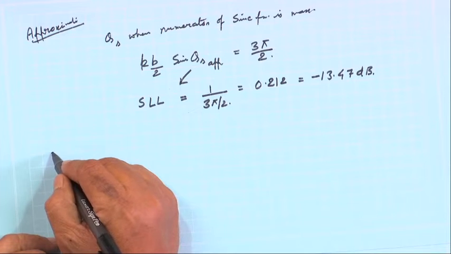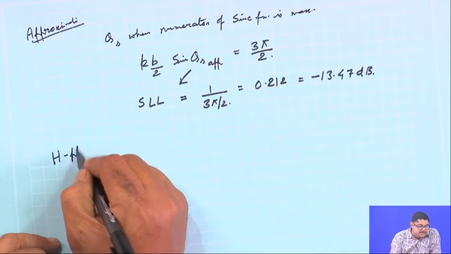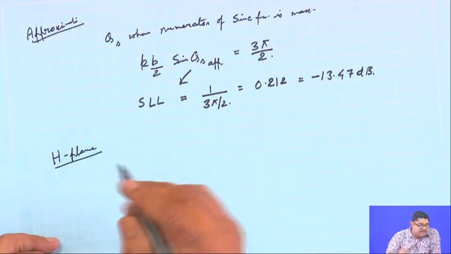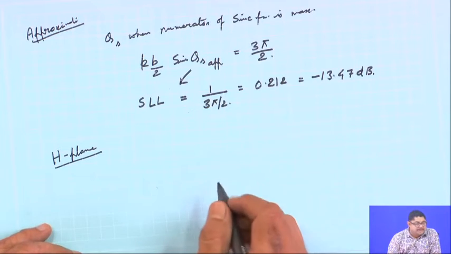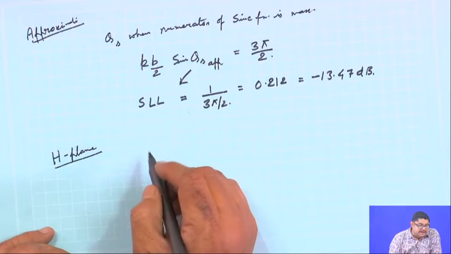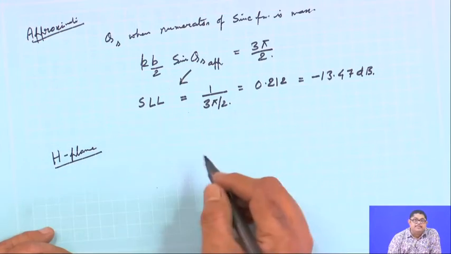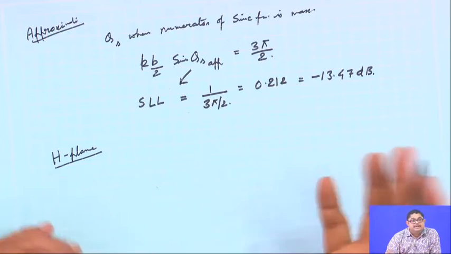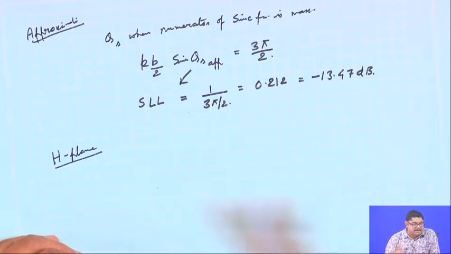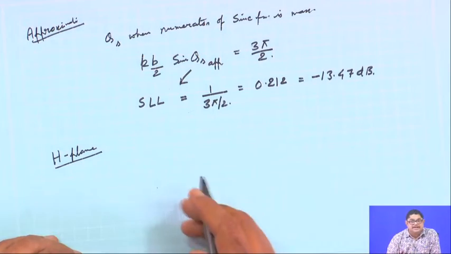Now, let us see the H plane. H plane you can easily find out, because same things, all these terms will be similar expressions, because the function is same, only the x and y are interchanged. That is why in all this expression where b is coming, you replace it by a, you get these things.